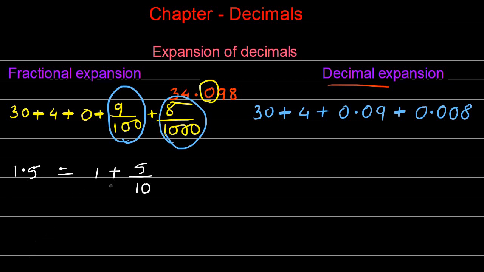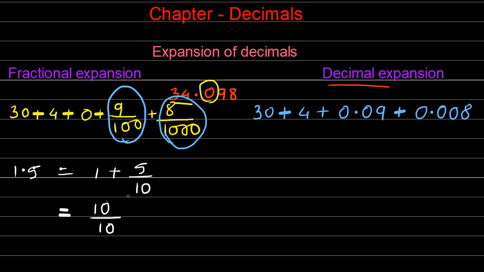Now it is nothing but simply addition of fractions. How do we add the fractions? Right now you can see they are not like fractions. One is not having the denominator 10, so we have to make them like fractions by LCM. Now the LCM of 1 and 10 will be 10, right? So it would be 10 upon 10. 10 upon 10 is what? 1, which is here.